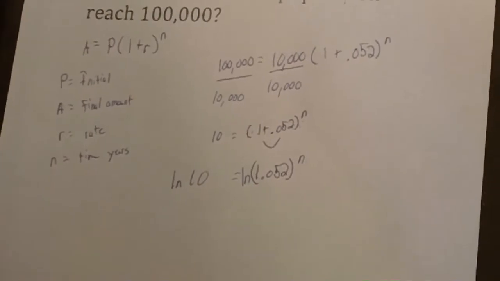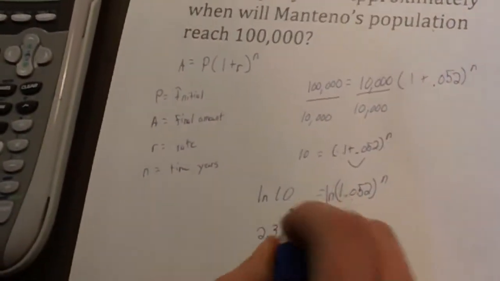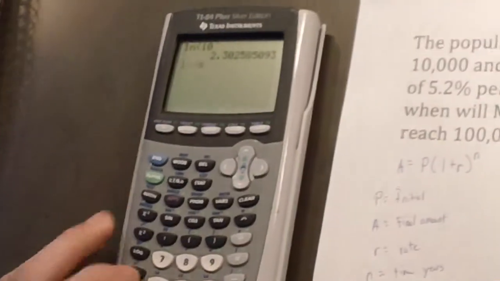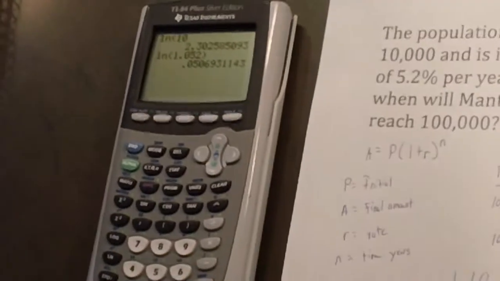If I do this real quick, the natural log of 10 is about 2.3, and the natural log of 1.052 is about 0.05.